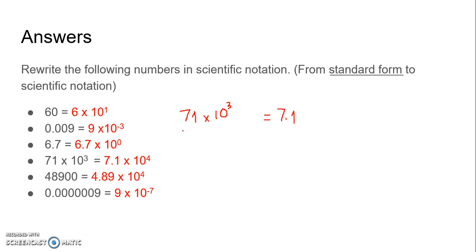So what does it mean? It means that you need to divide this number 71 by 10. Alright? And remember that you also have the equal sign here. If you divide this by 10, you have to what? You have to multiply this number here by 10 as well, so that it makes the two sides equal.